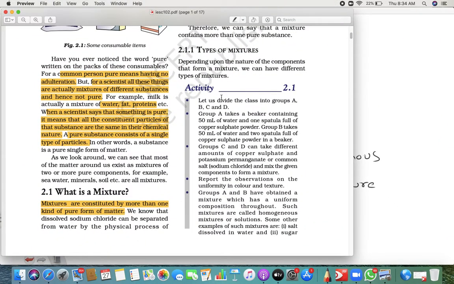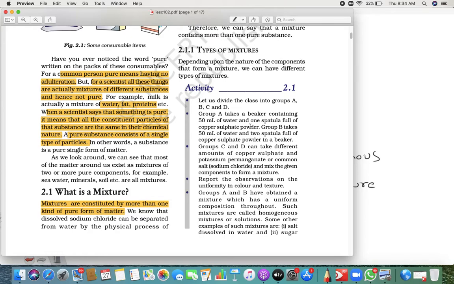They have given us one activity: let us divide a class into 4 groups A, B, C, D. So basically I make a bunch of 10 students. Then we take a beaker. It is basically a transparent glass, but in the laboratory it has a specific size and shape.